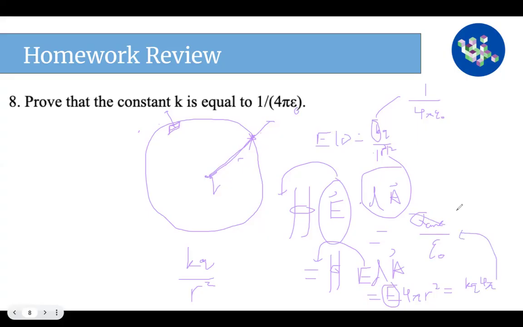And Q enclosed is just q. So if you cancel out the q on both sides, you're going to get k equal to 1 over 4 pi epsilon 0. And that completes the proof.